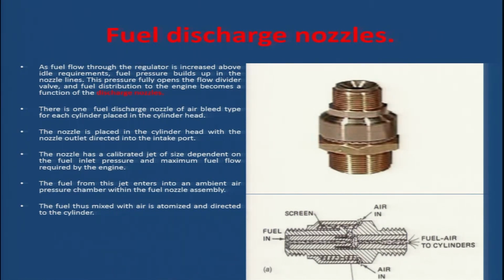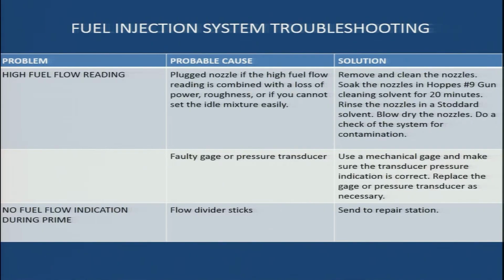You have one discharge nozzle for each cylinder, located in the cylinder head and directed towards the intake port. From the discharge nozzle, fuel is delivered to the engine cylinder where combustion takes place. So this was about the fuel injection system.